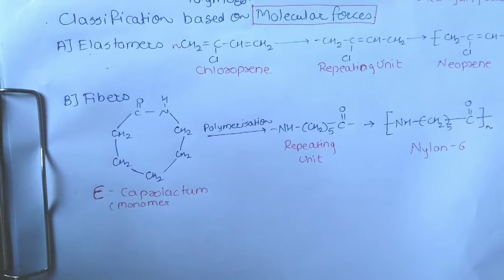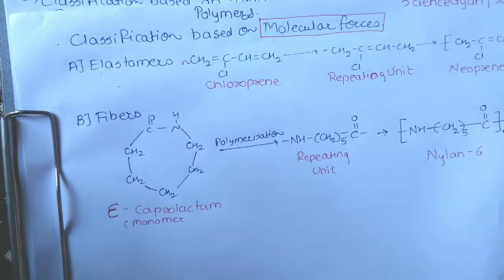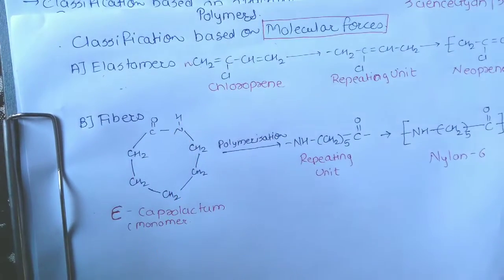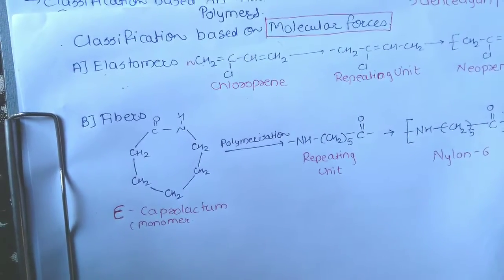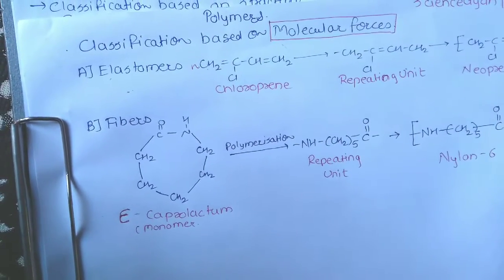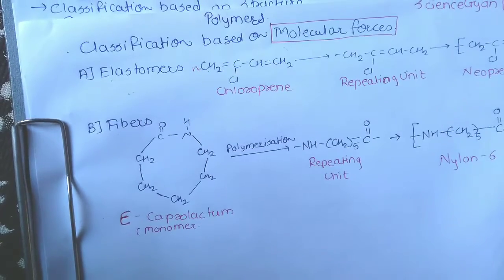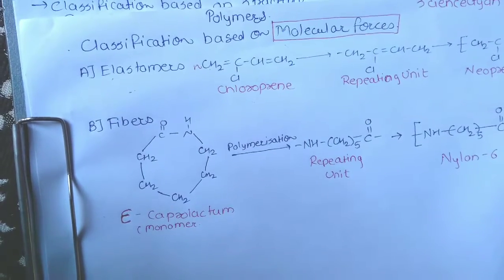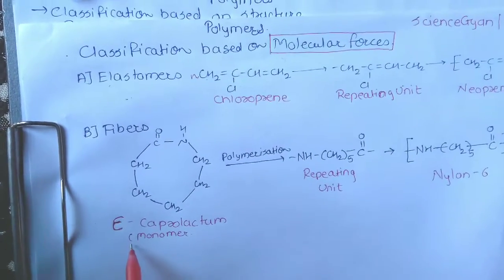There is strong intermolecular force in fibers due to hydrogen bonding. These polymers possess high tensile strength and are used mostly in the textile industry to make strong ropes, and in the automobile industry for tire cords.